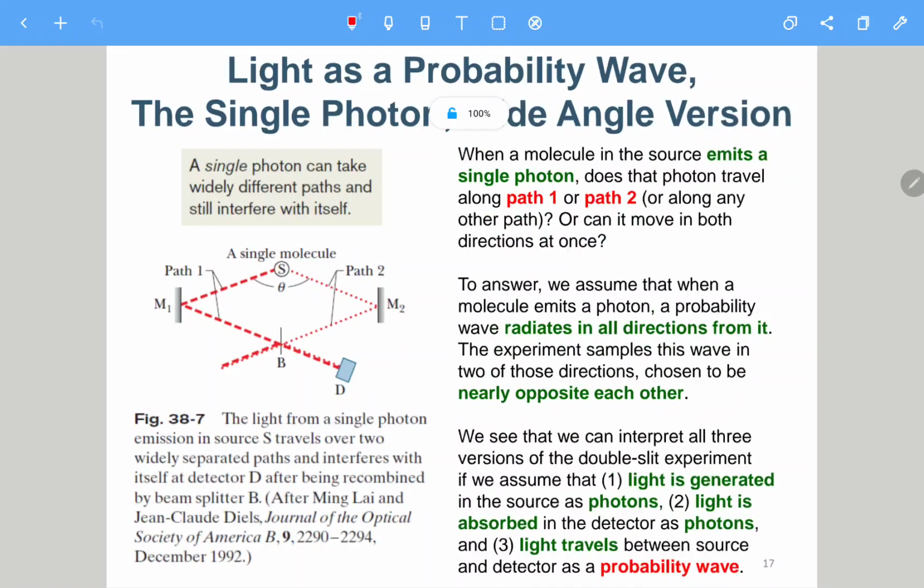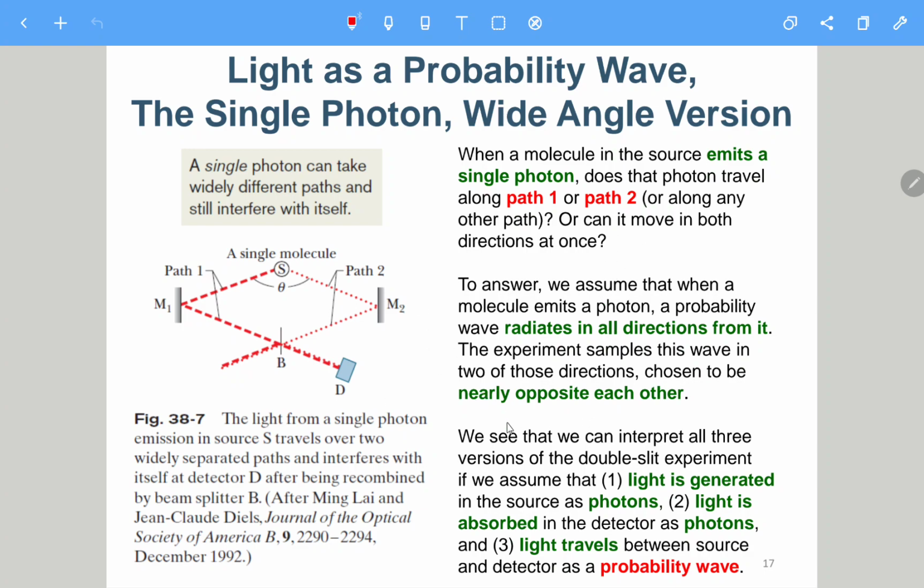This is a crazy idea we can never fully understand. So the light from a single photon emitted at the source travels over two widely separate paths and interferes with itself at detector D after being recombined by the beam splitter.